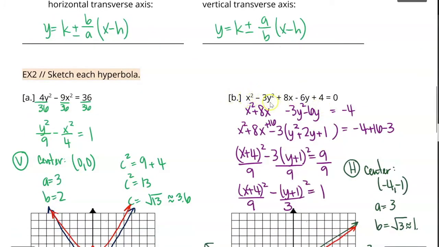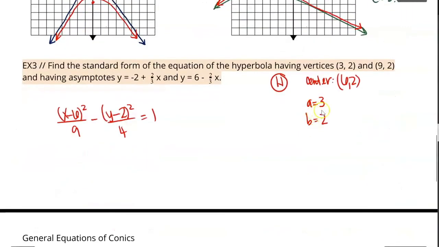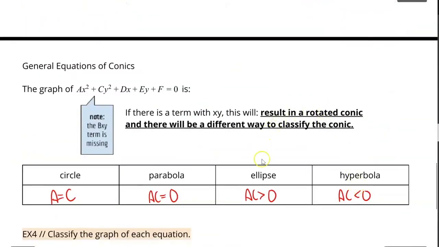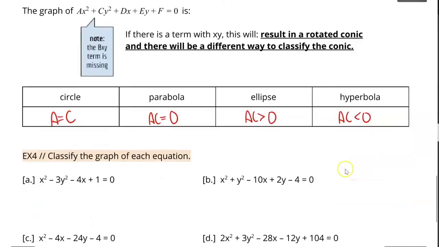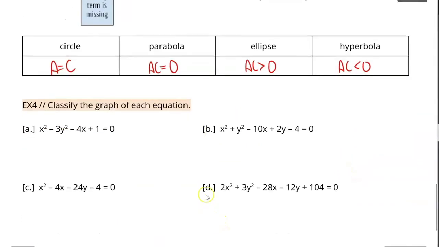We have one positive and one negative, and here the y is positive and the x is negative. So if you have one of each, that gives you a hyperbola, but if they're both the same, that gives you an ellipse. So really just looking at the A and C values will tell you what kind of conic you have. We'll just do that for a couple and then we'll be done.